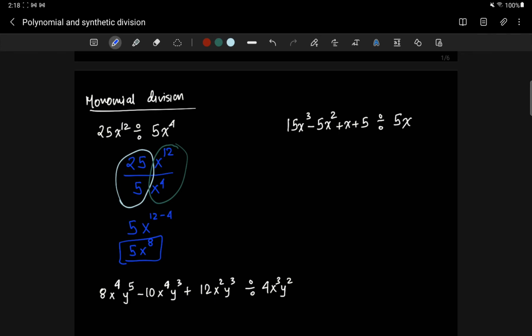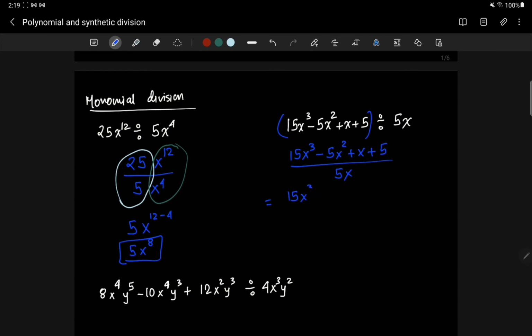Now let's go one step further. Now let's say you have a whole expression dividing 5x. In this case we're going to break this down into 2 steps: the expression over 5x. Now because the denominator only contains one term, we can distribute it to each term.